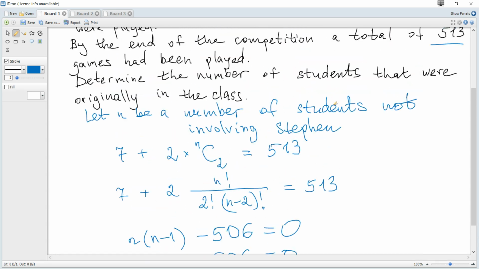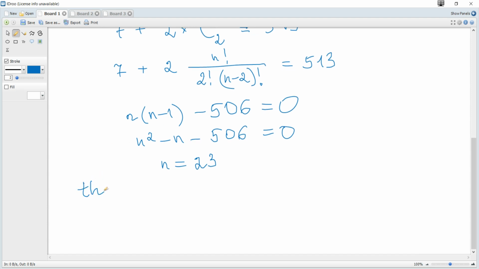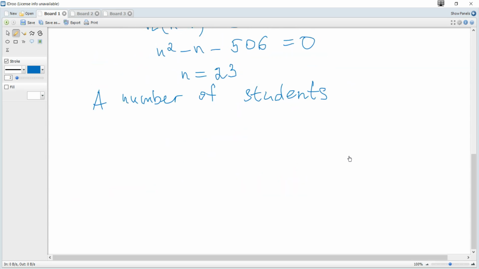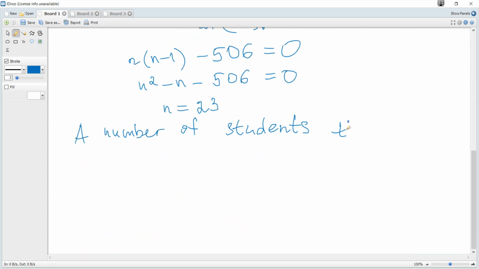Hence, we need the number of students that were originally in the class.